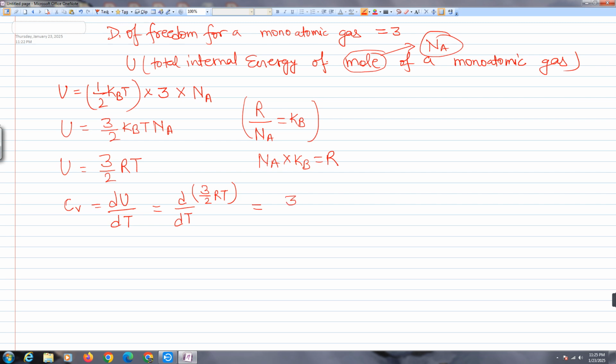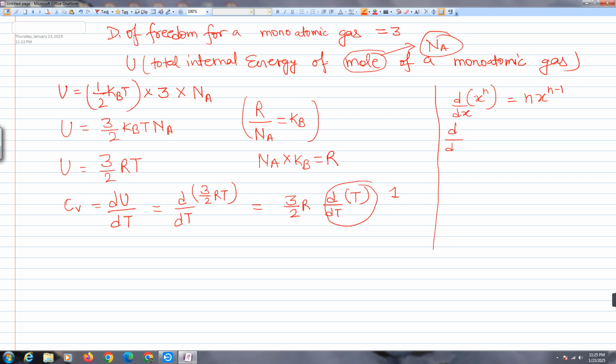So here we can see that 3/2 R is constant, so it can be taken outside the differentiation, and the remaining part is d by dT of T. The value of this can be written as 1 with the help of this formula, d by dx of x raised to the power n is n x raised to the power n minus 1.